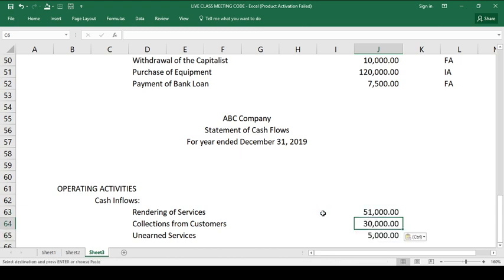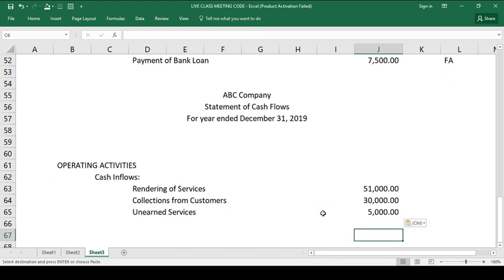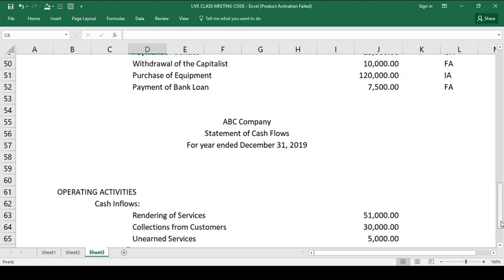Ayun. And then, after that, you deduct the cash outflows. Ilagay naman cash outflows or cash disbursement. Outflows. And then, kunin po natin lahat ng cash outflows related to the operating activities.